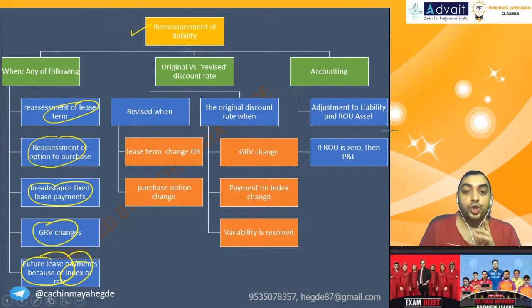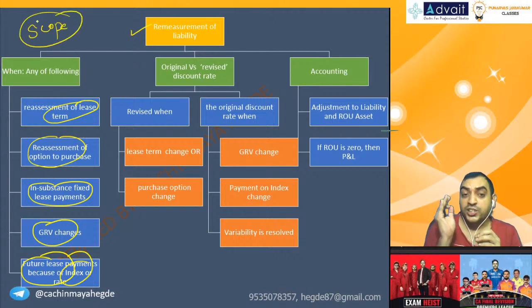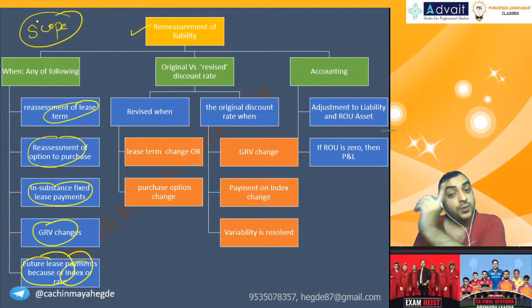Remember, you are not going for additional rent or additional lease. You are not taking any new machinery. You are not taking a new building, nor are you reducing the scope. The scope remains the same here. When the scope changes, that becomes modification.